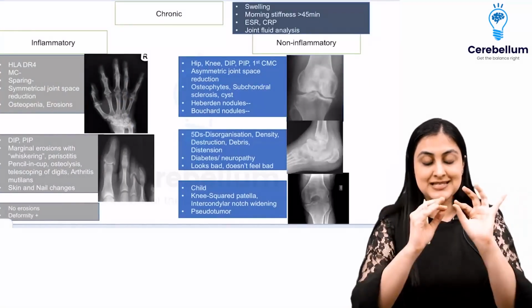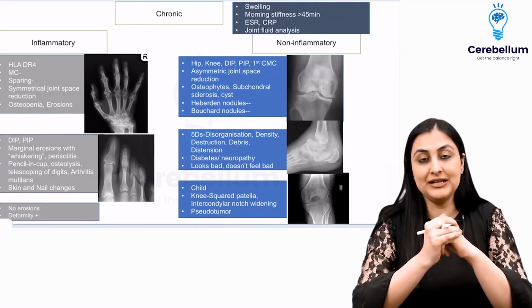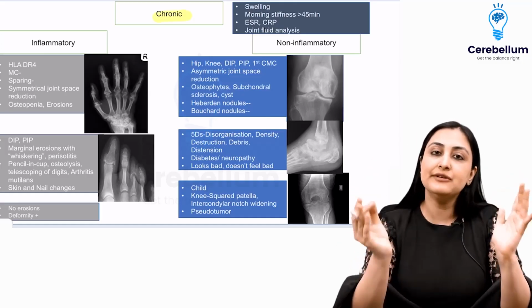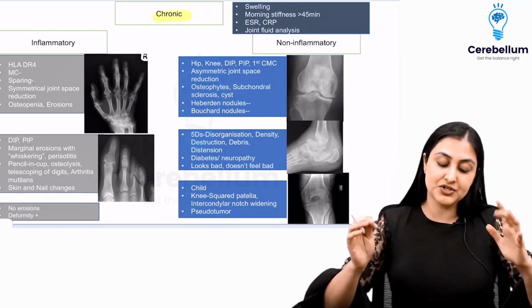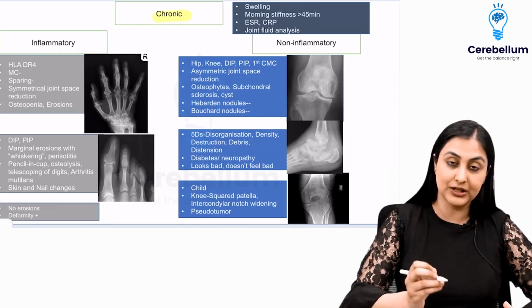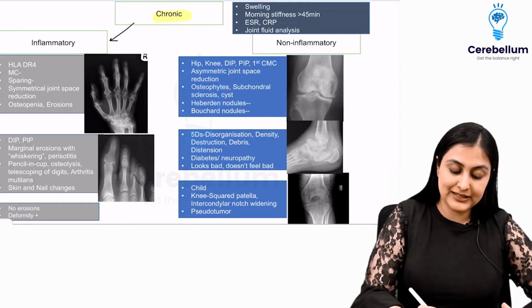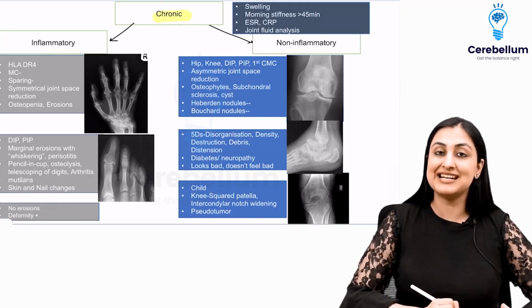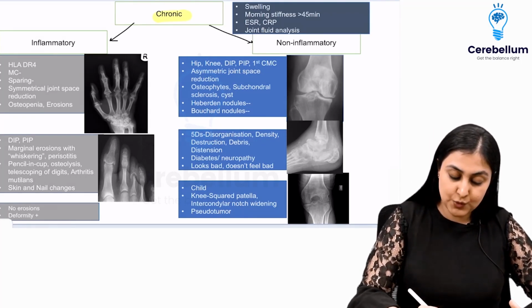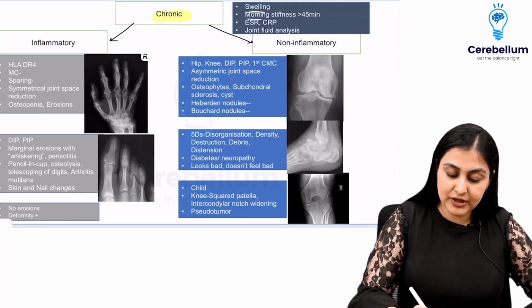Next, we want to discuss the approach to chronic polyarthropathy. Here, the main approach is going to be whether it is inflammatory or non-inflammatory. That is our next point to distinguish and narrow down our differentials. So in chronic arthropathy, how do we know whether it's inflammatory or non-inflammatory? One, the presence of swelling. Second, morning stiffness.